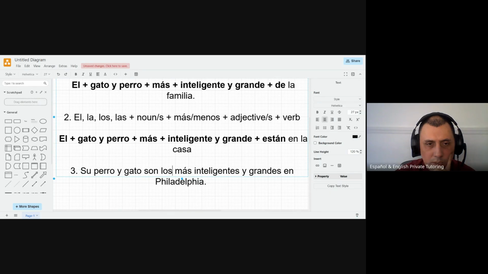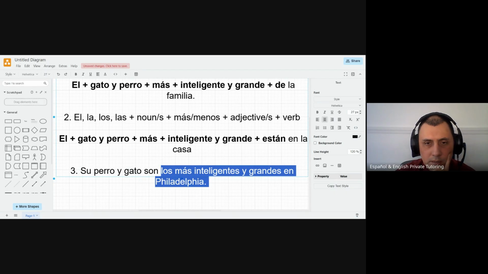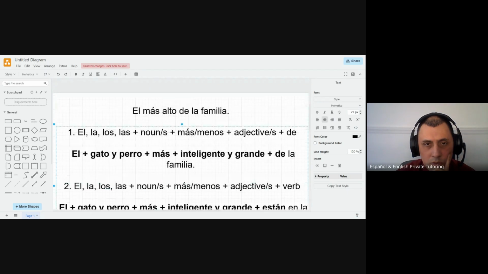In English, you would say your dog and cat are the most intelligent and big cat and dog in Philadelphia. You don't have to say all of that. You just say it once because it's already in the subject. Here is when you can abbreviate the superlative.